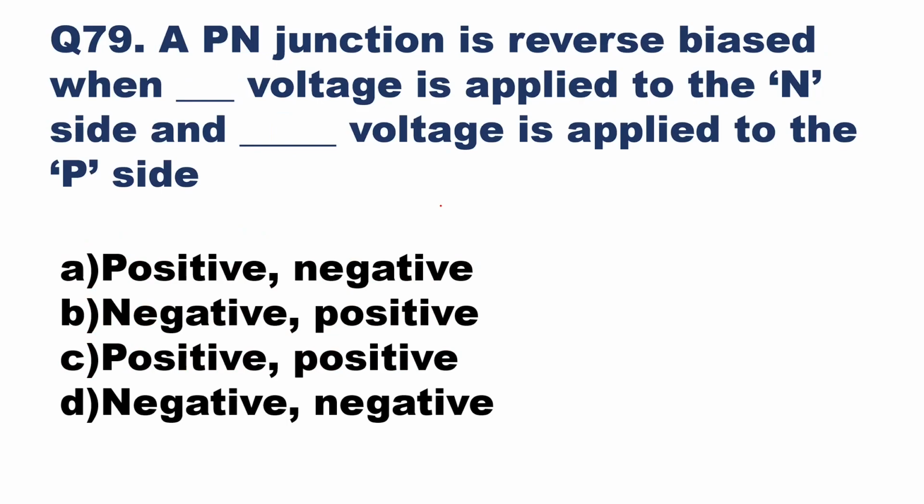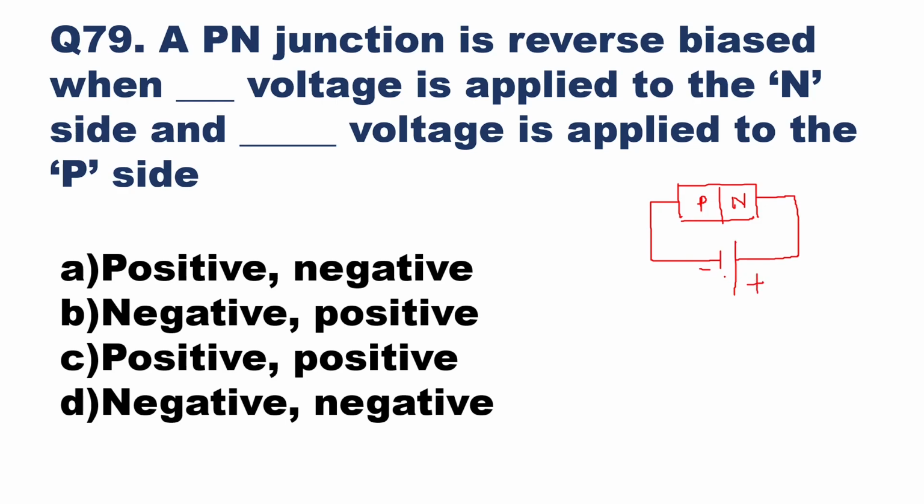A PN junction is reverse biased when dash voltage is applied to the P or to the N side and dash voltage is applied to the P side. So if you see a PN junction, say this is your PN junction, P-type semiconductor and N-type semiconductor, and if you want to connect it in a reverse bias, then P has to be connected to the negative of a battery and N has to be connected to the positive of a battery.